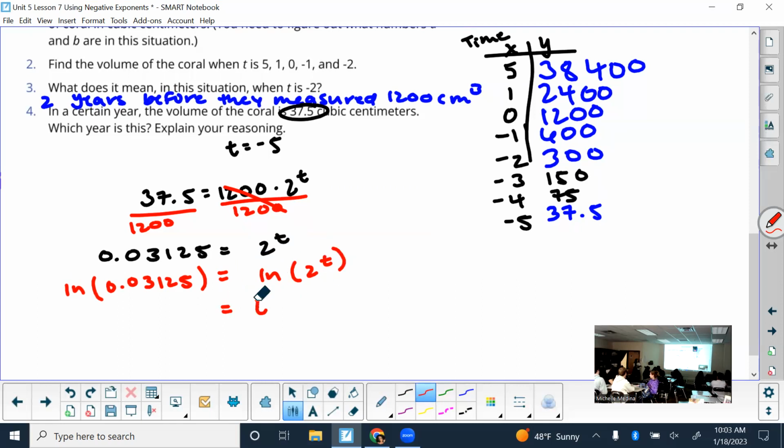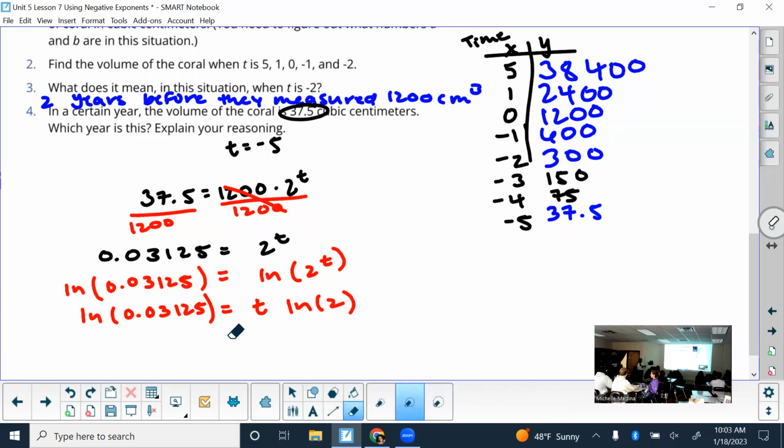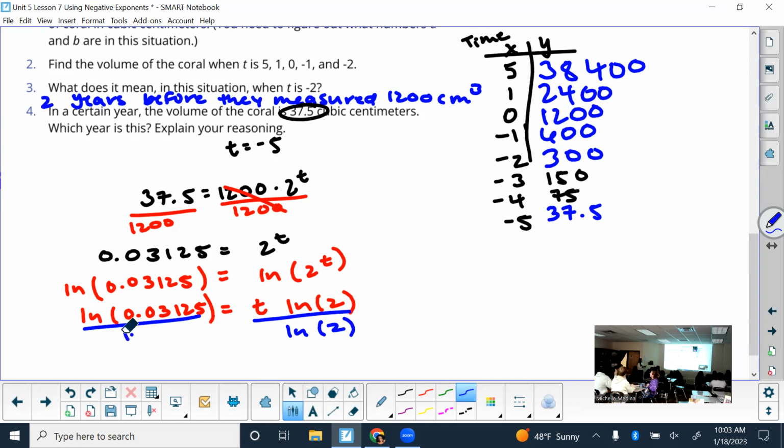The right side ends up becoming t times the natural log of 2. This I would just leave as that. And then the opposite of multiplying by the natural log of 2 would be dividing. Whatever you do on one side, do to the other side. And when I put this in my calculator, I do get -5.